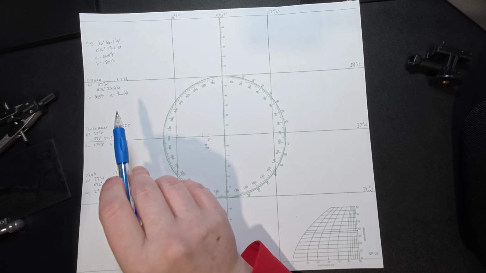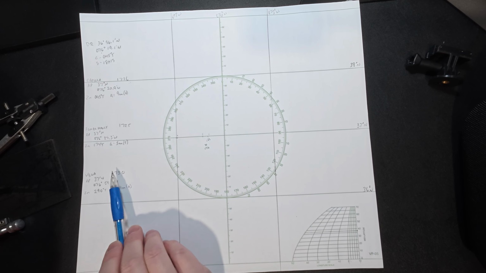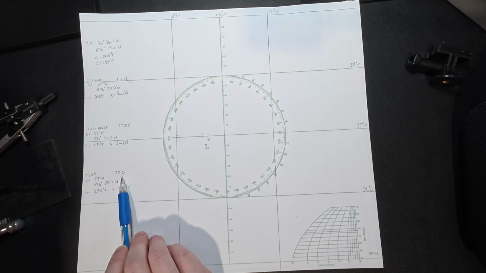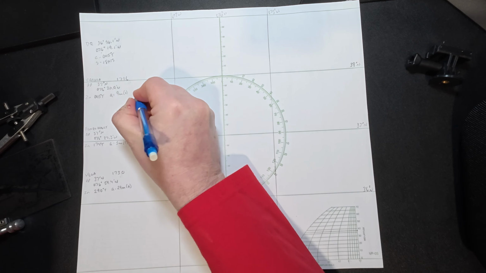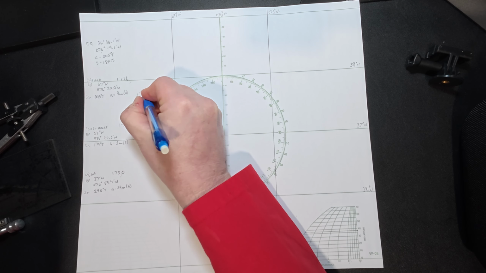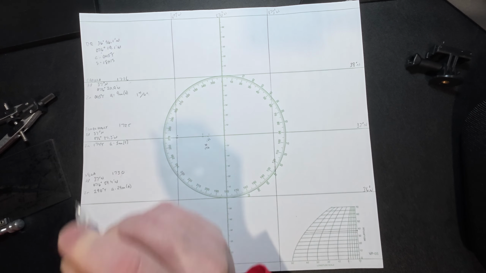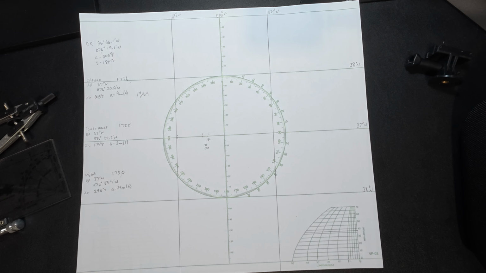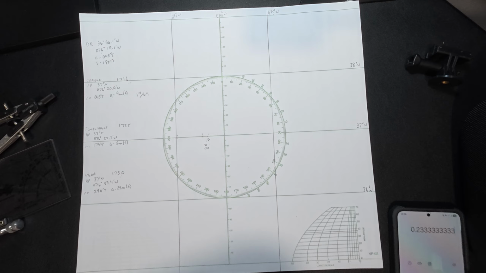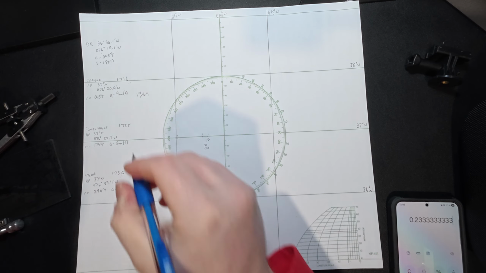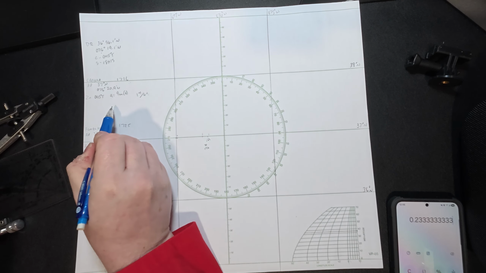So the time we had between Capella and Vega was 14 minutes. So you're going to take 14 divided by 60 to get decimal hours. You get 0.233, and just remember your D street triangle.